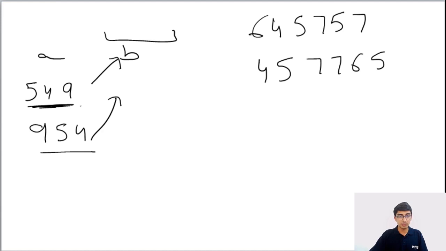We are supposed to change some of the digits of A such that it becomes the smallest number greater than B.